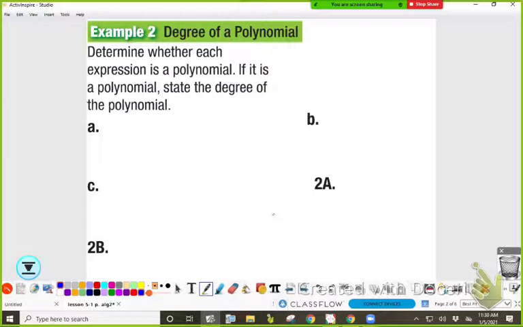A monomial, you want us to write that down? Yeah. A monomial is 1 term. A binomial is 2 terms.